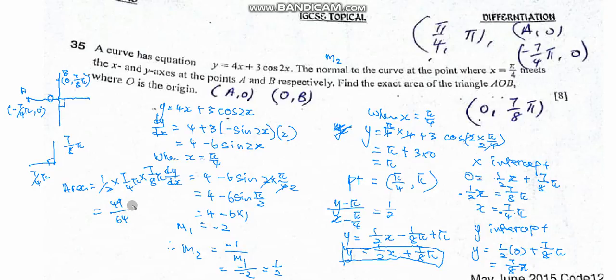Pi times pi becomes pi square. Square units. Okay, this is the value.